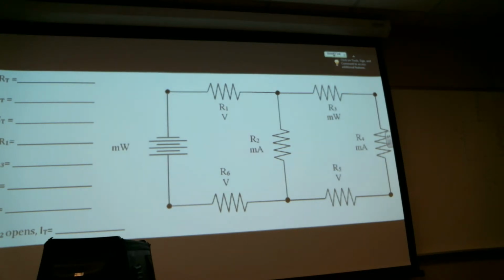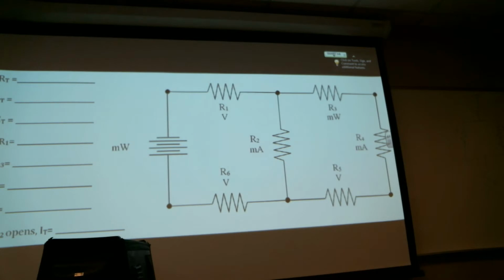So right away, you have the current for R2 is given, R4 is given, and R3 and R5 are the same because they're in series to each other. R1 and R6 are all by themselves, so all the current flows through them, your total current. So right off the bat, you have all the currents.